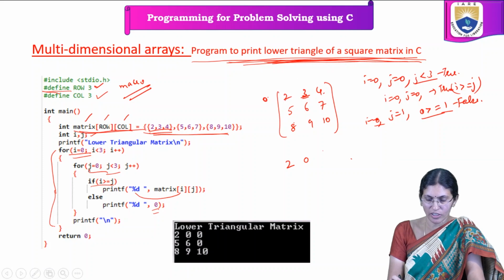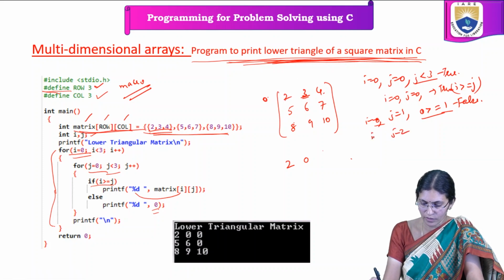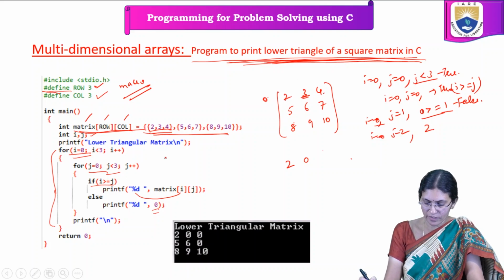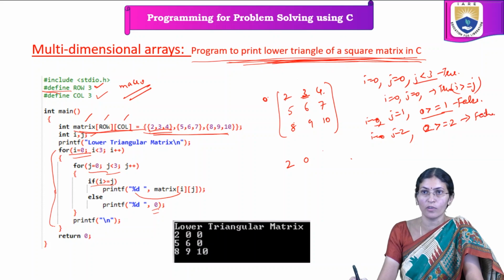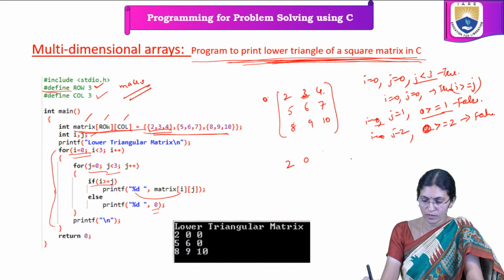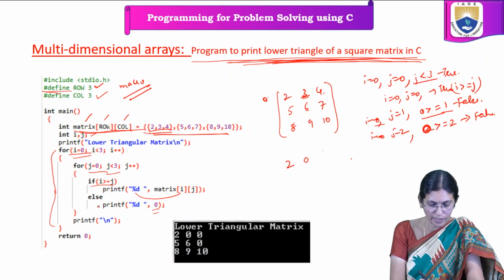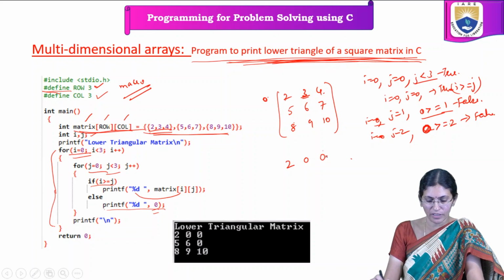Then the j variable will be incremented again. Now j is equal to 2 here, for i value 0. Next it will check the condition: is 0 greater than or equal to 2? This condition is false, so here also it will go to the else part and this 0 will be printed.